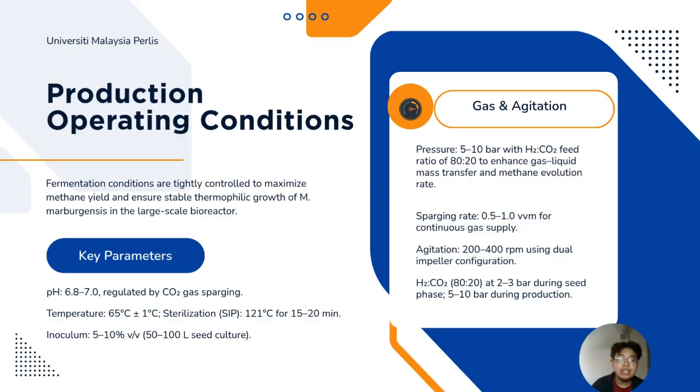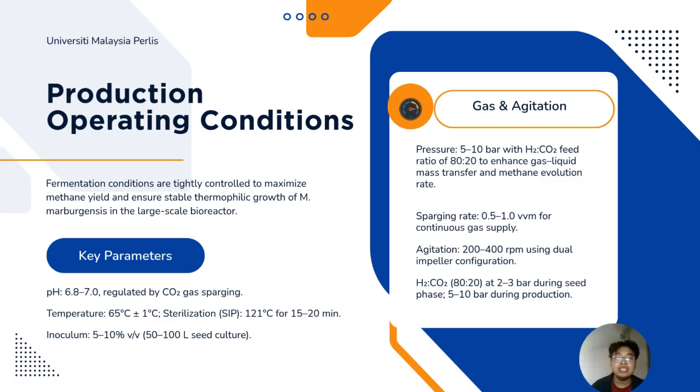This is a strategic decision according to Henry's law. Increasing the pressure enhances the solubility of gaseous substrates, hydrogen and CO2, in the liquid medium. This makes them more bioavailable to the microorganism.